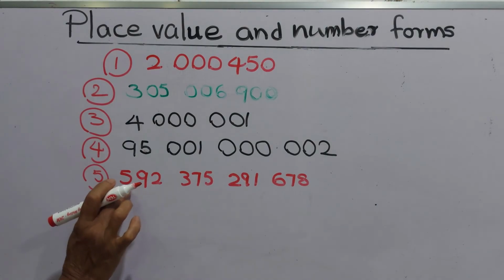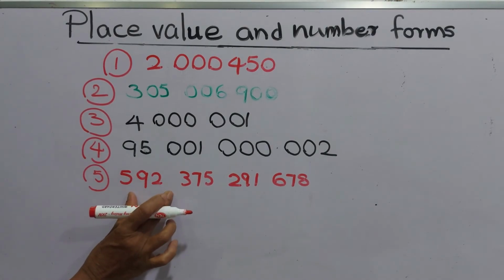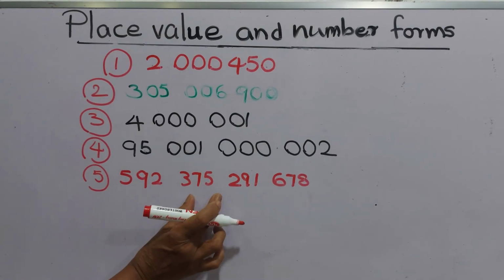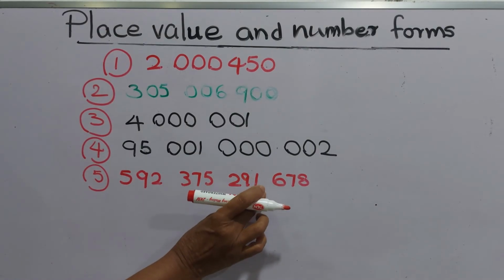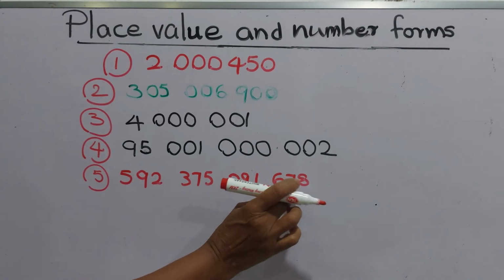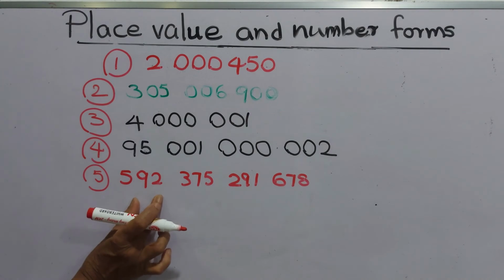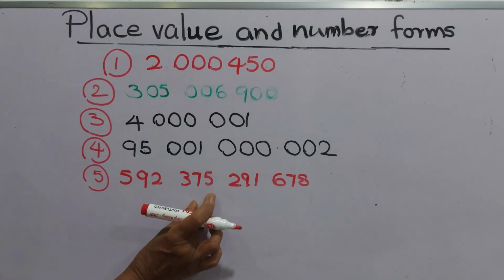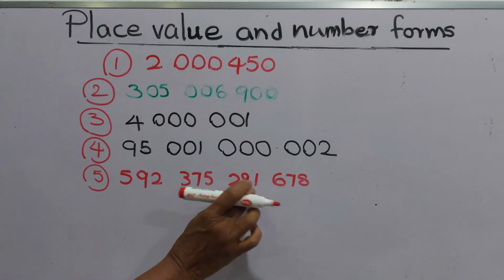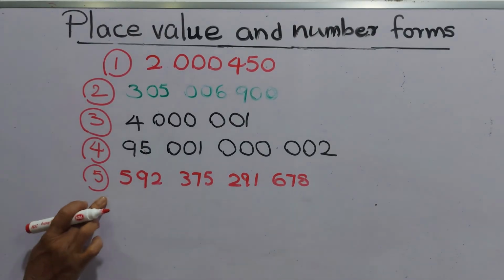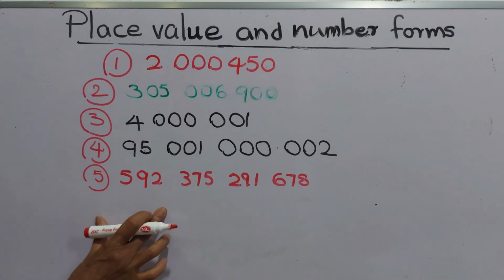How many billions are here? 592 billion, 375 million, 291,678. Again, 592 billion, 375 million, 291,678. That is the way we can read these numbers.